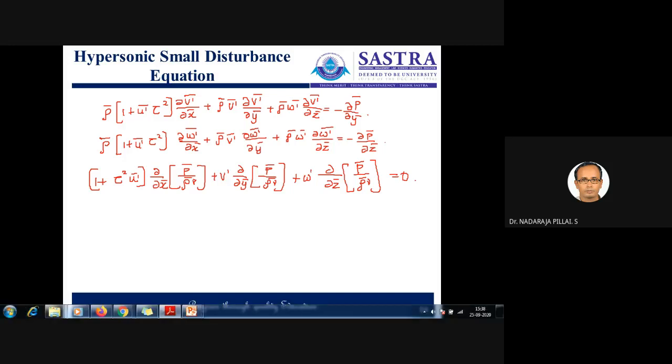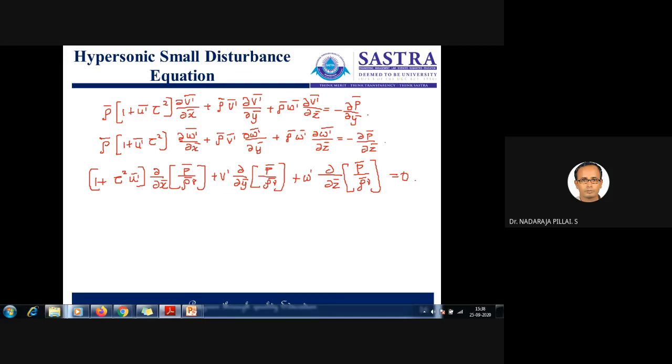So we have all these equations. The first one is the continuity equation, then x momentum equation, y momentum equation, and z momentum equation.